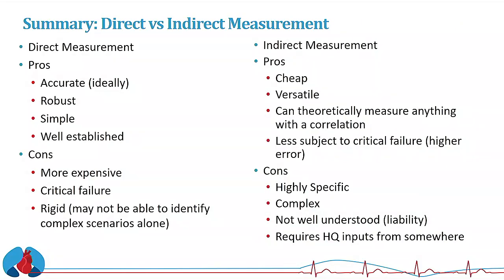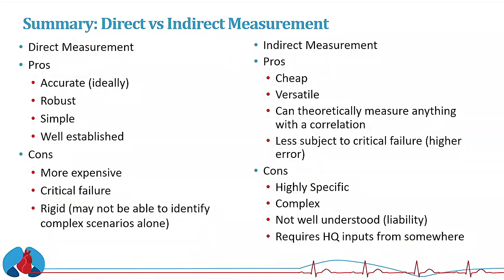We know it's accurate, ideally. I mean, you designed it, so it should be accurate. It's robust, it can handle a bunch of different situations. It doesn't care about anything else going on around it except for exactly what it's measuring. They're simple. Most of these sensing solutions are incredibly simple.